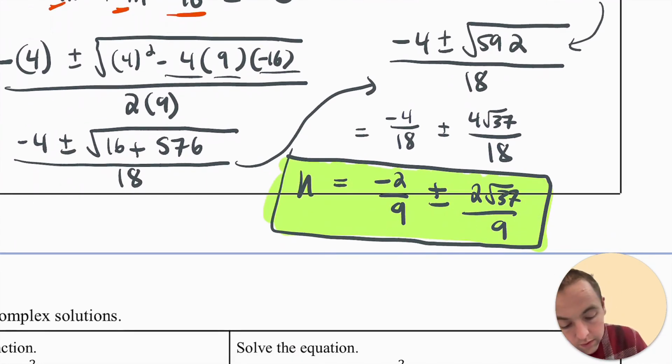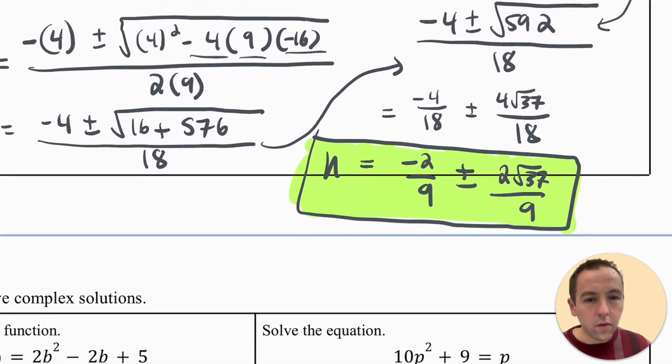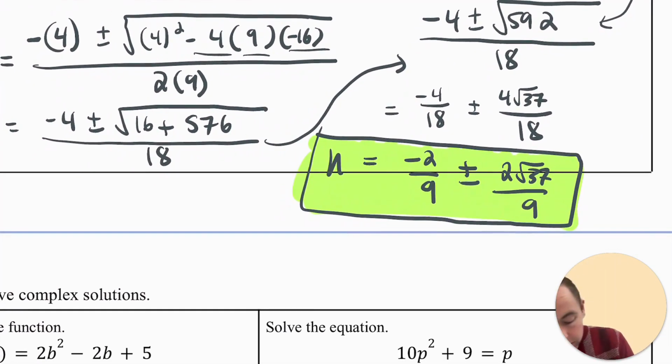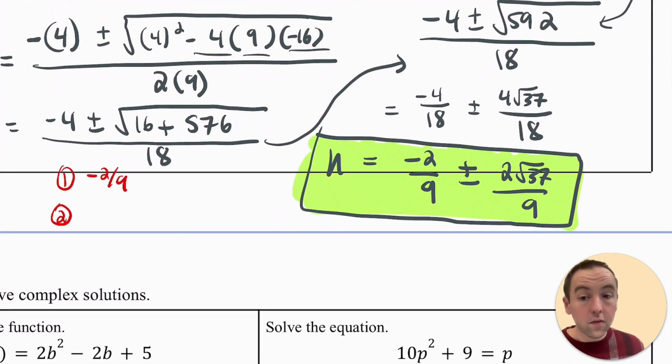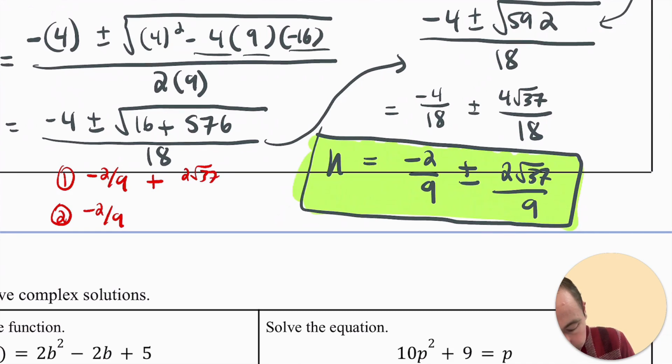So it's really important that you understand that we will be able to get decimal answers for this as well. I don't really have a calculator that I can pull up nicely right here, but in terms of finding them, you're going to get two possible answers. What you would need to type into a calculator is negative 2/9 for both of them, right? But one of the times you would add 2 square root 37 over 9, and the other one you would subtract 2 root 37 over 9.